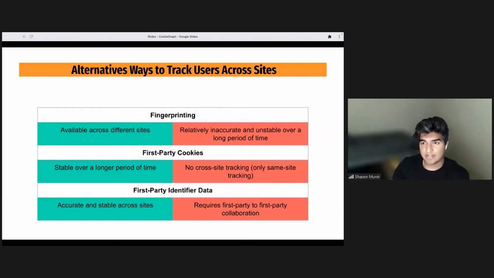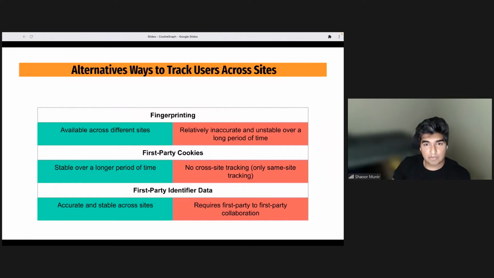This is a classic tracking technique in which different signals about the user, which can include their location, IP address, device information, etc., are collected across different sites in an attempt to determine the same user's presence on those sites. While these signals are accessible across different sites, they're relatively inaccurate, as two users might have very similar signals, or the same user might have different signals if there's a significant time difference between their collection.